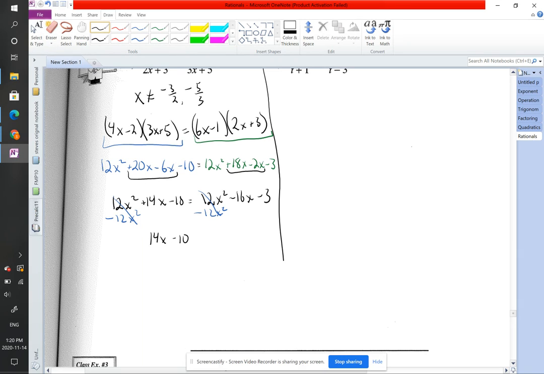So now I have 14x minus 10 is equal to negative 16x minus 3, and then I can add 16x to both sides. And we can also add 10 to both sides.